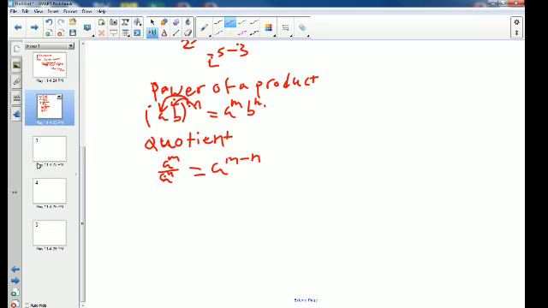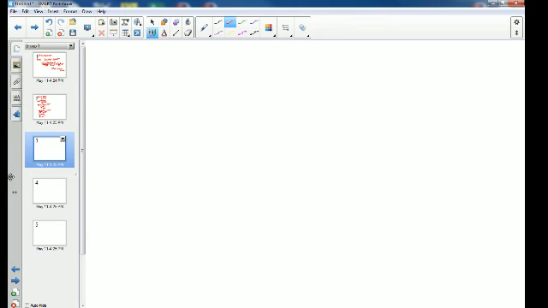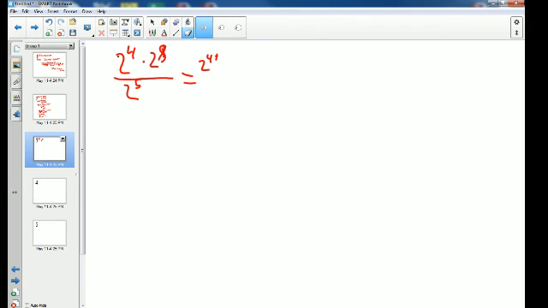And next example is going to be a quotient example. So we have 2 to the 4th times 2 to the 8th over 2 to the 5th, which equals 2 to the 4 plus 8 over 2 to the 5th, which gives you 2 to the 12th over 2 to the 5th.